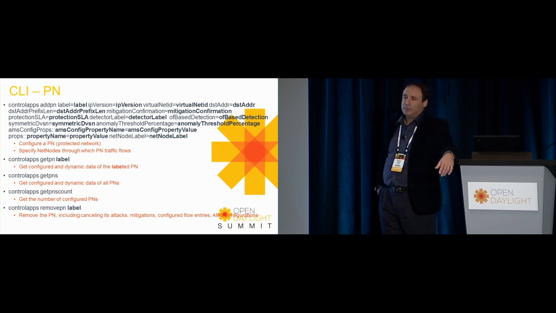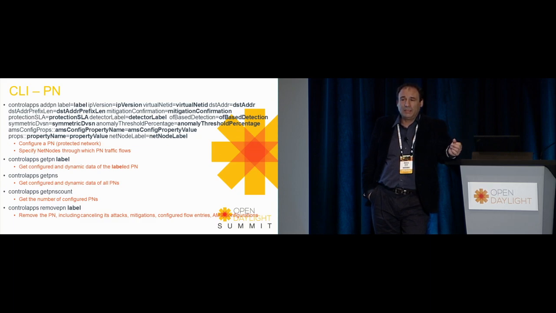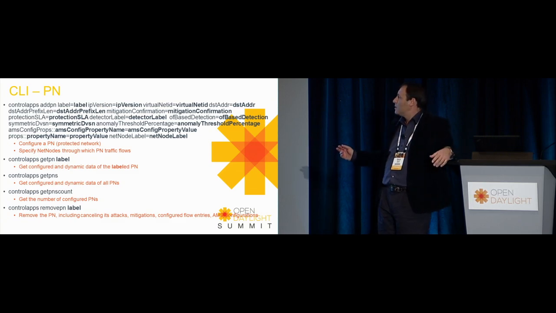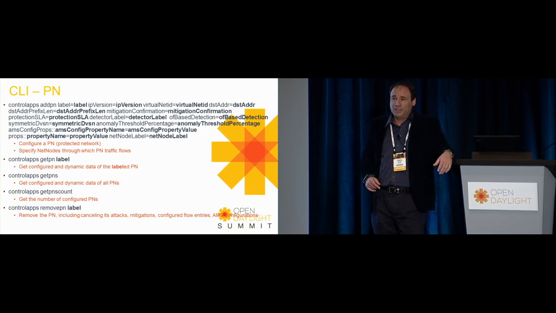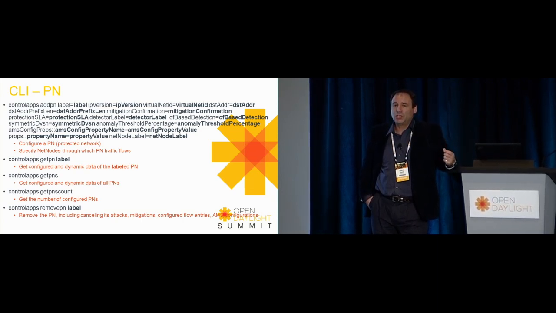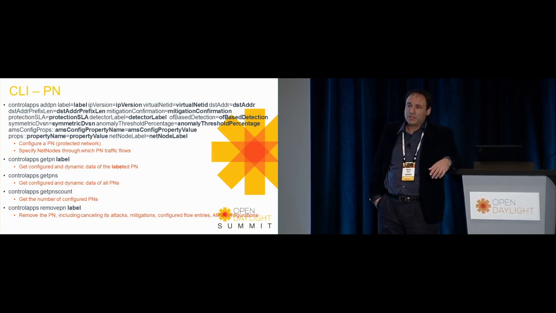The net node label, actually there can be several of those. Traffic of a protected network can flow through several switches in the network. So we want the user to specify, in this release at least, in which switches that particular traffic flows.